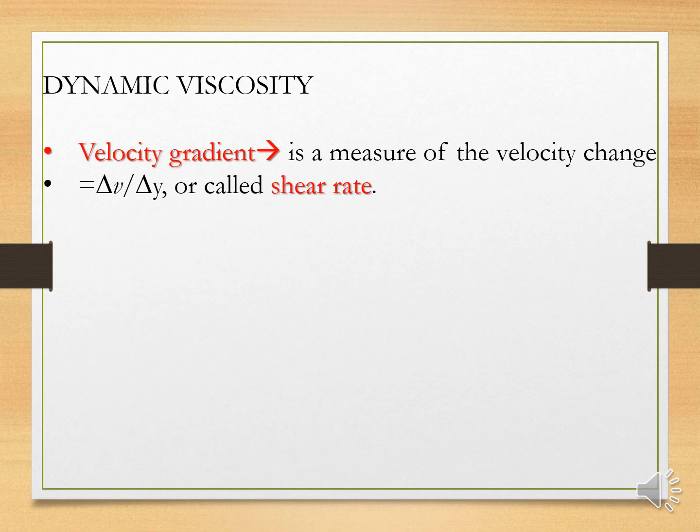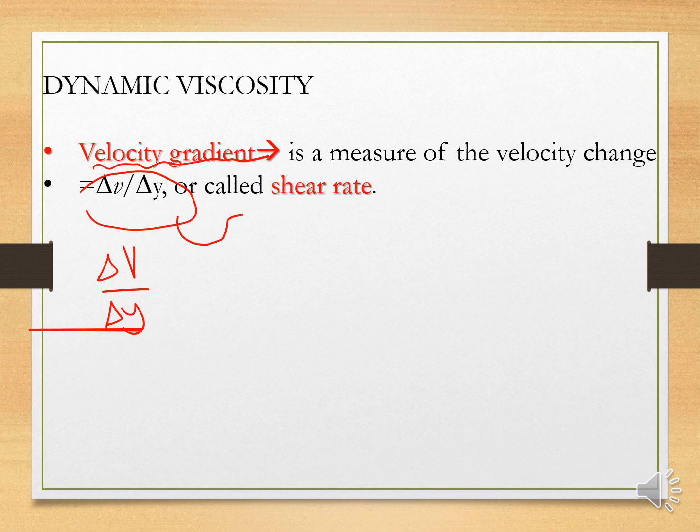So how can we determine the dynamic viscosity? Again, it relates back to the velocity gradient, which refers to the change of velocity with the change of location. The velocity gradient is the difference in velocity divided by the difference in location, and this velocity gradient is also related to the shear stress.